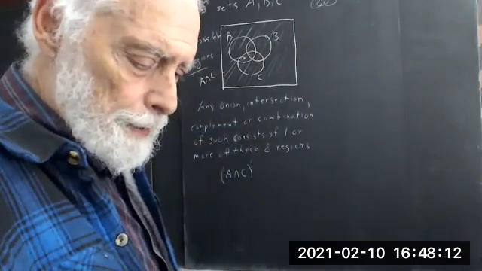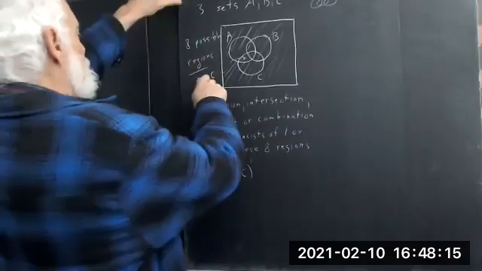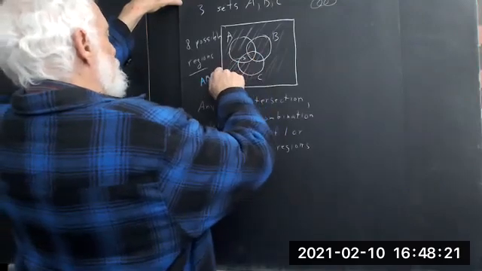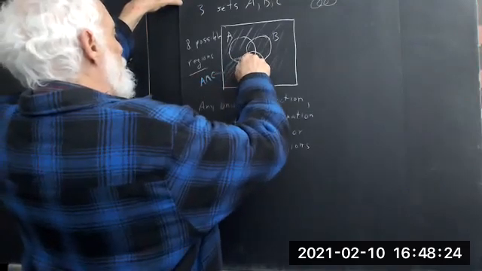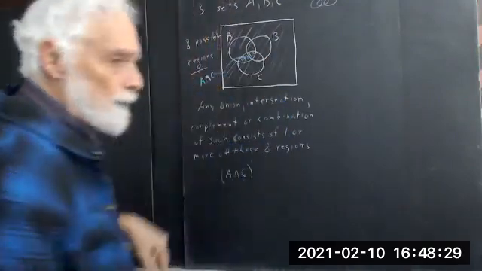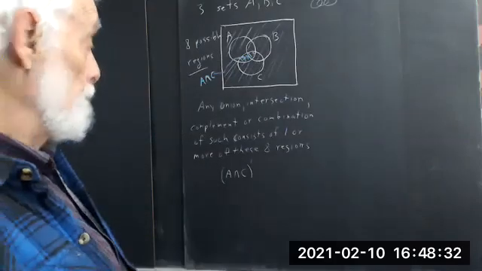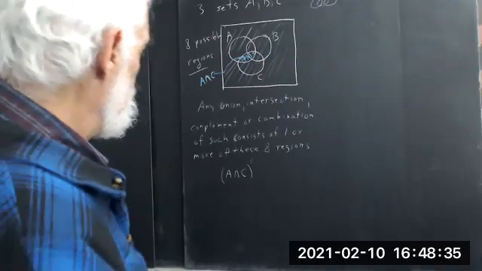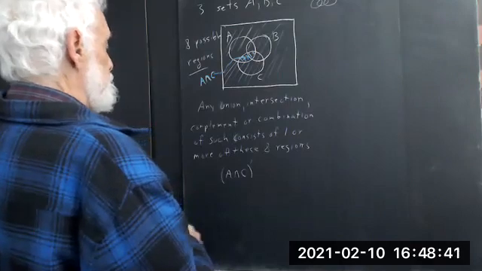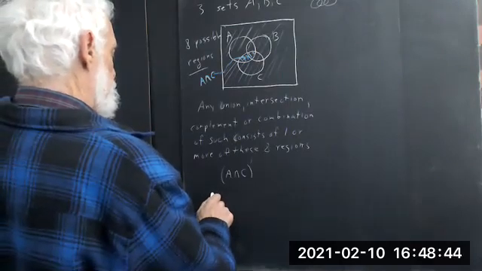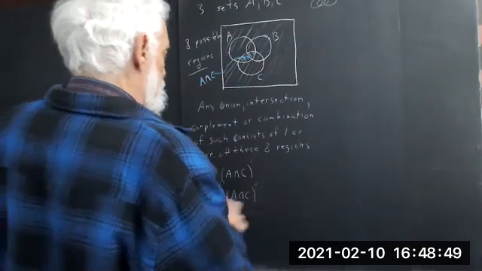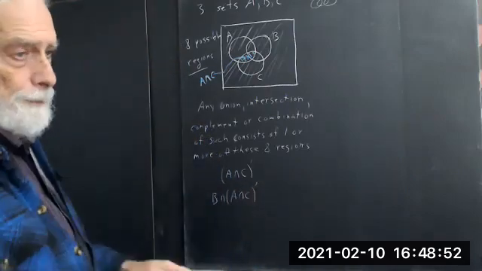Now the white and the yellow don't contrast that well, so I'm going to write over this in blue. So there's A intersection C. The complement of A intersection C is everything else. Okay, what if we wanted to do B intersection A intersection C prime?